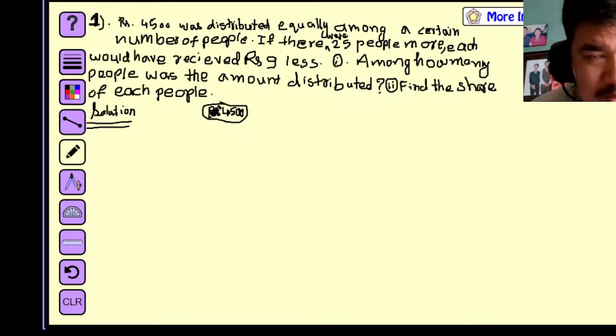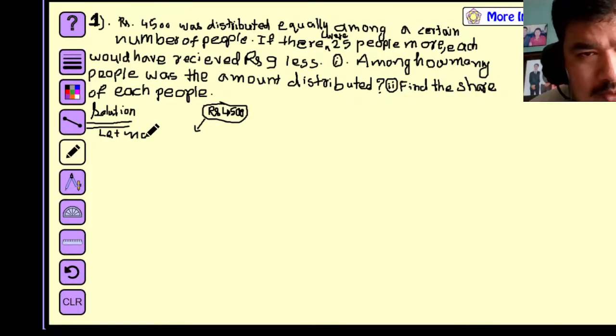So here, suppose, let the money be divided among X people.